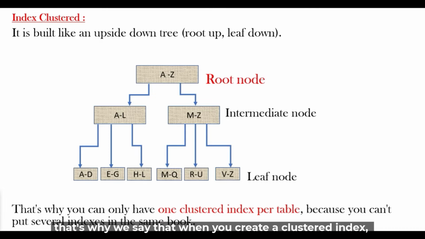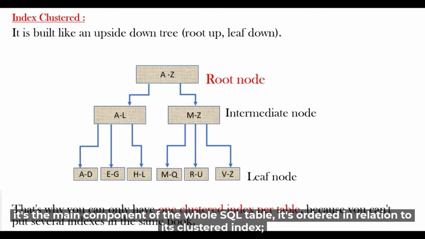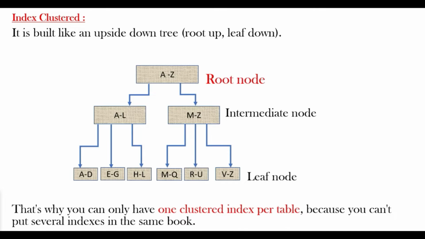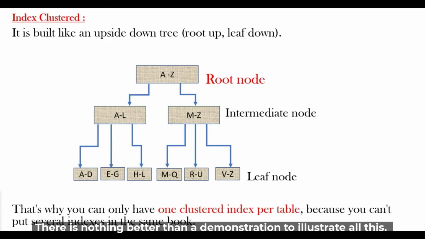It's the main component of the whole SQL table. It's ordered in relation to its clustered index. That's why you cannot have more than one. That's like in the example of the books. So there is nothing better than a demonstration to illustrate all this.